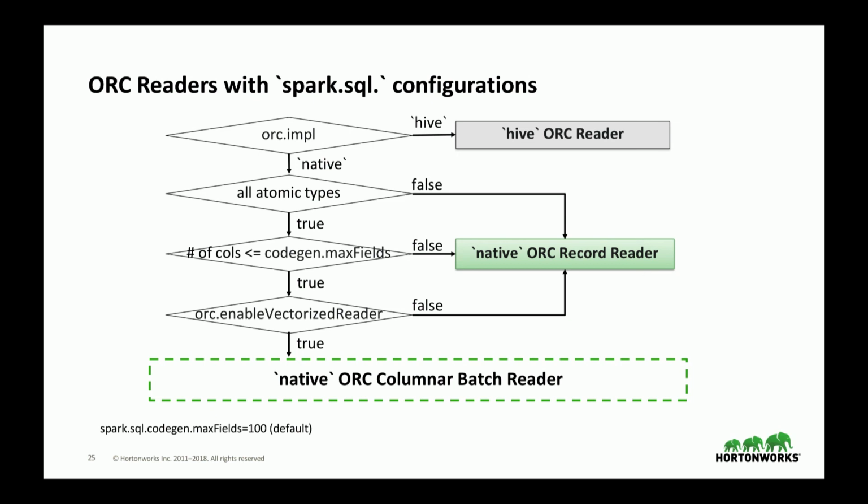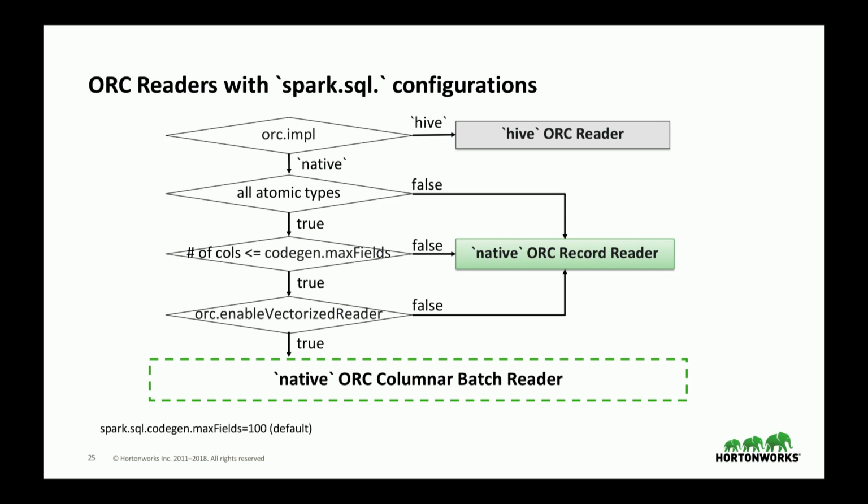Spark supports vectorization only when all columns are atomic and the column number is less than or equal to the codegen max fields. This is common for Parquet and ORC. In this case, you may increase the max fields configuration to a higher number, but everything will be the same.